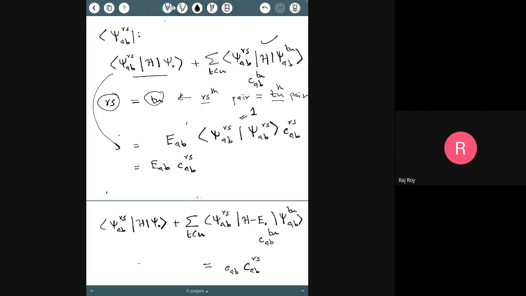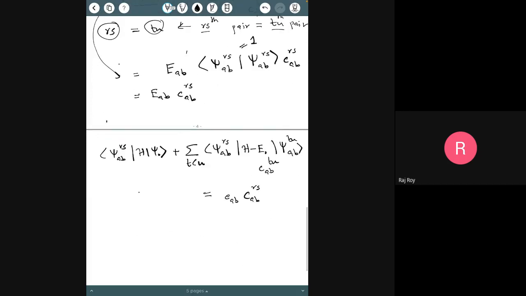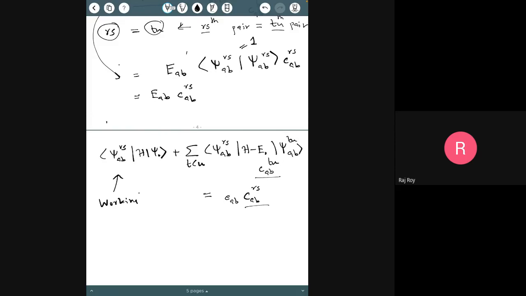So I've just taken some terms to the left and right from equation 2. And this is my working equation then, to obtain the coefficients CAB to RS. So this is my working equation to get the set of coefficients.